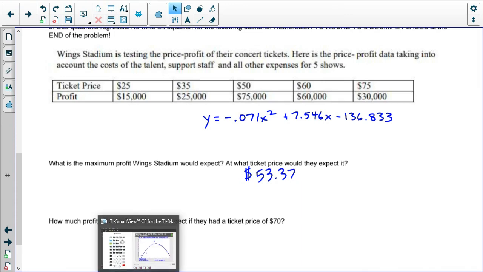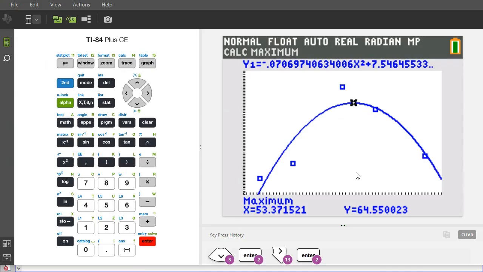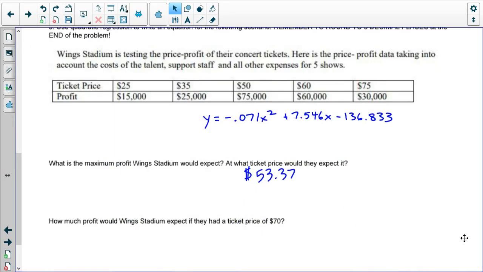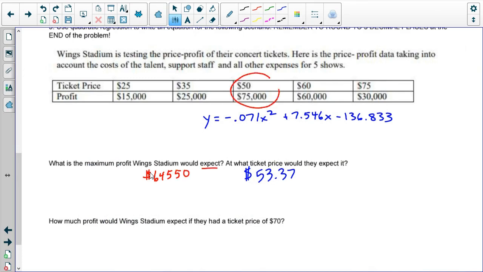But the model is predicting that at $53.37, we make $64,550. So the profit is expected to be $64,550. That's not the most profit they ever got, and it's not exactly the same price, but that's kind of the prediction that we're getting based on this model.